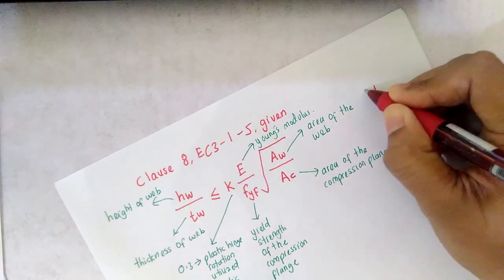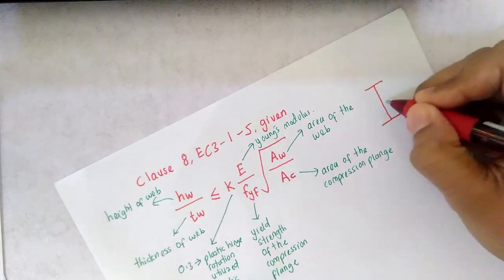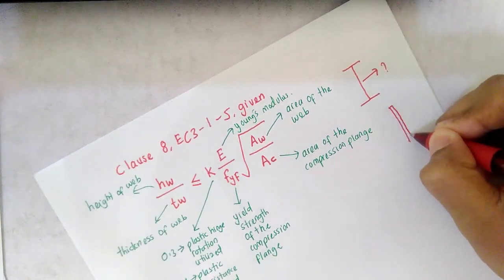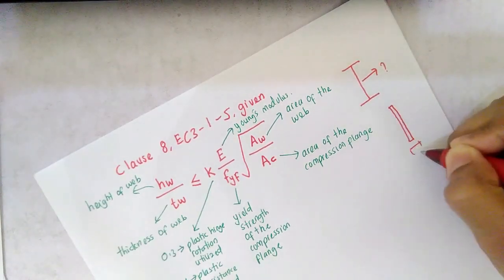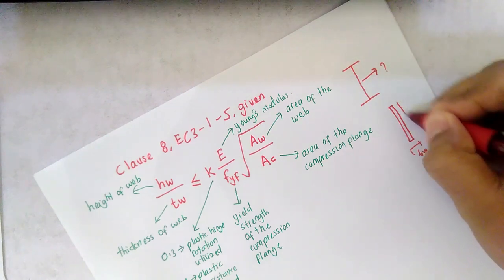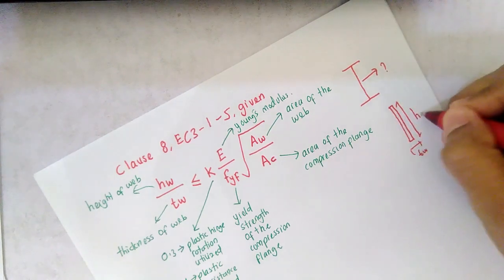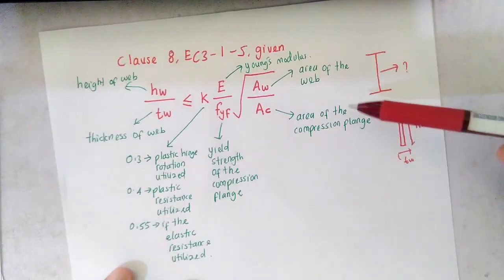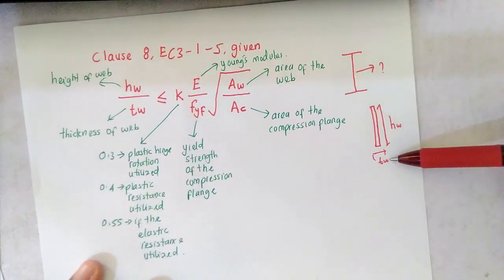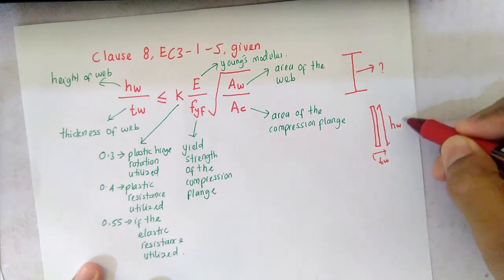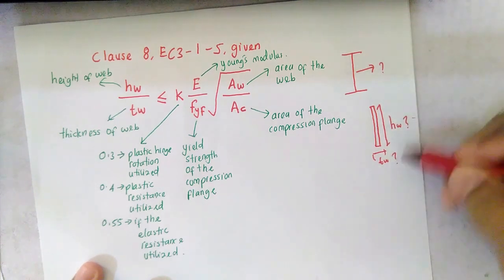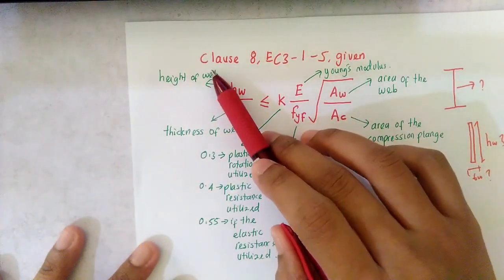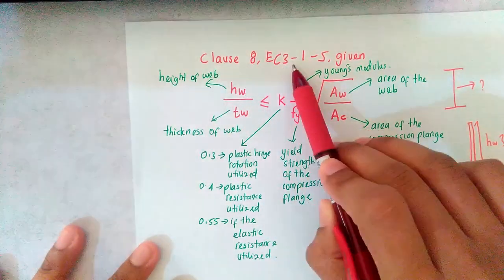This is your flange, so now we want to know the thickness of the web and the height of the web. Because you do not know these sizes now, to come up with the thickness and height of the web, you have to go to Clause 8 of EC3 Part 1.5.